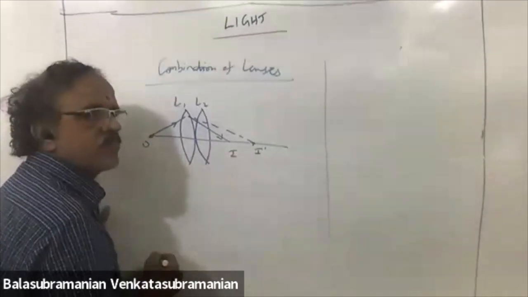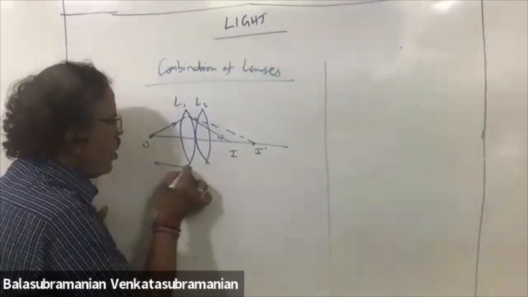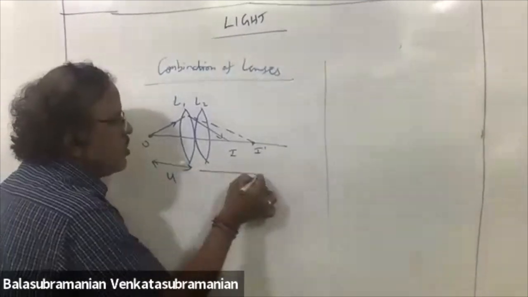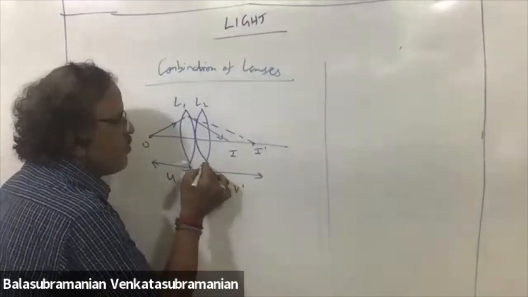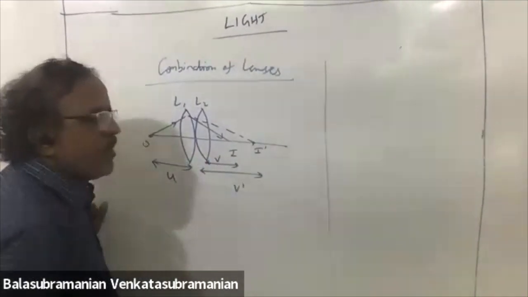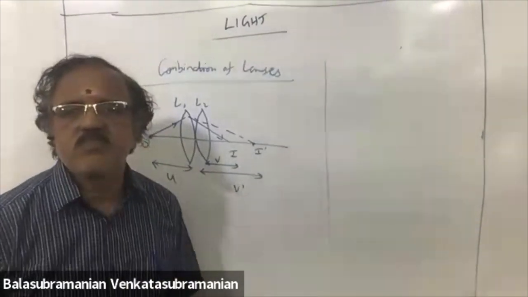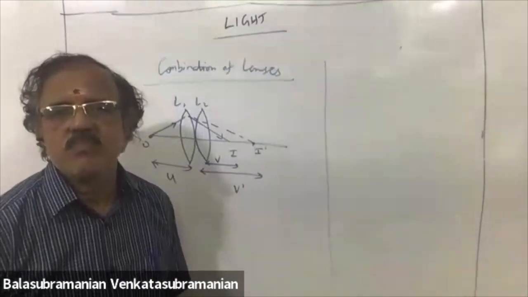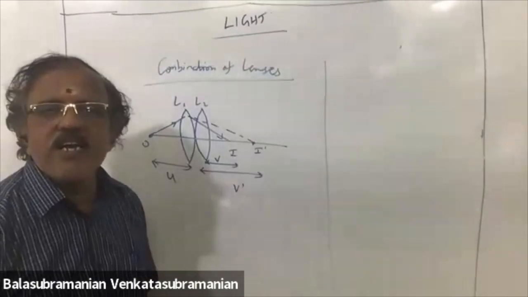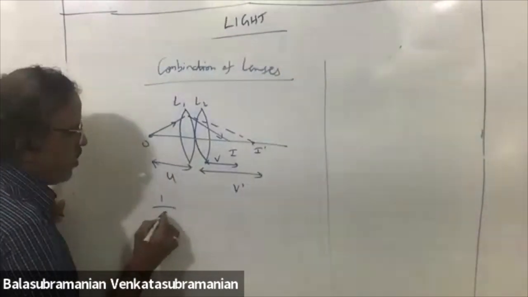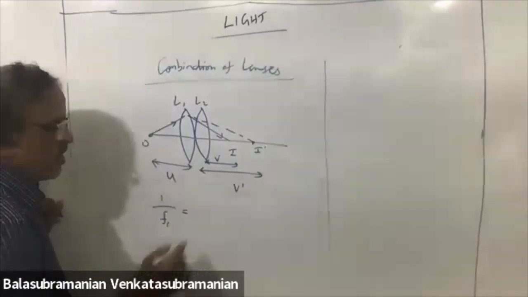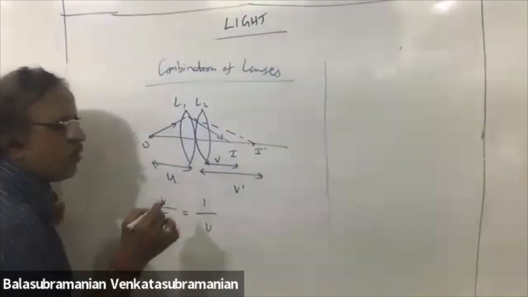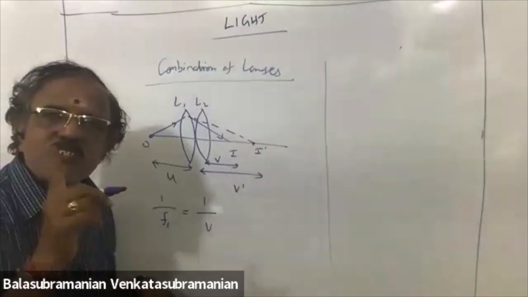I. So object distance U, first image distance V dash, second image distance V. We can find the relation: 1 by F1 is equal to 1 by V dash minus 1 by U, first lens.